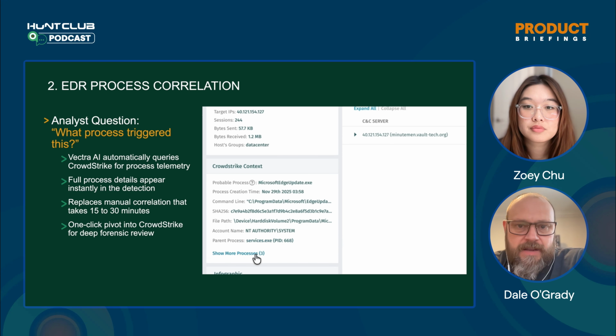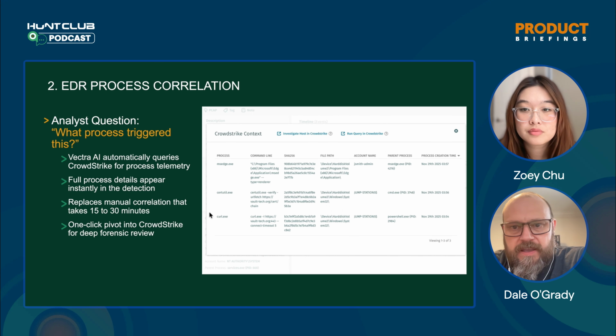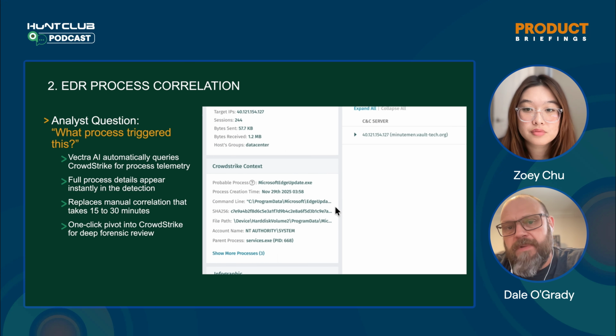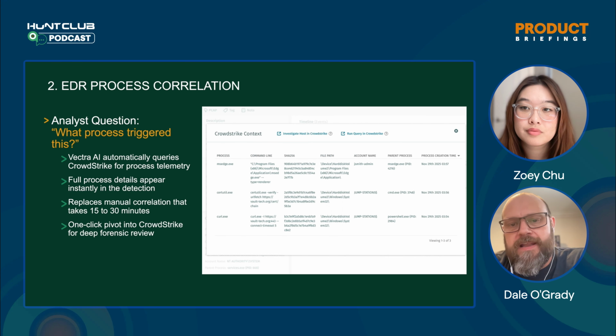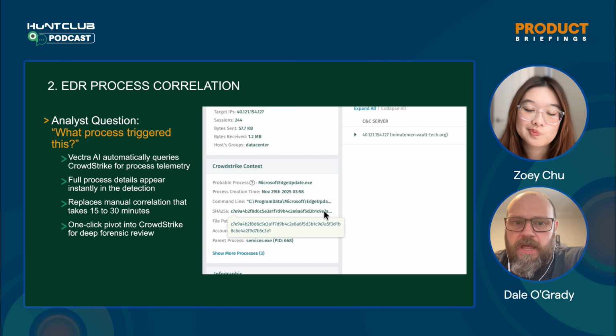So you've got this dance, right? The analyst is going to switch over to CrowdStrike, search for the host, and look for the process. They're going to find lots of them. They're going to try to narrow it down to a time frame and correlate timestamps, which is horrendous for anyone who's ever tried to do that. And then they're going to hope to find the right one. This is at least 15 to 30 minutes of detective work, doing it kind of blind.